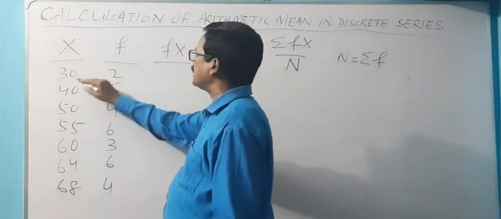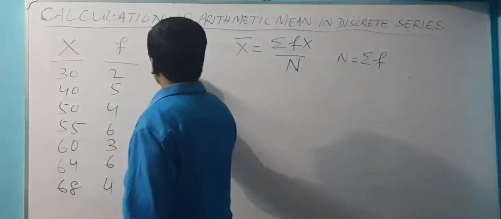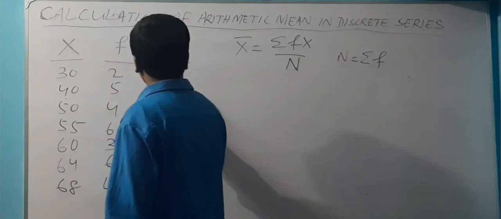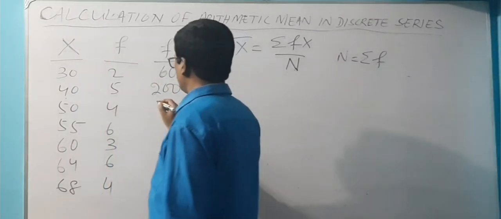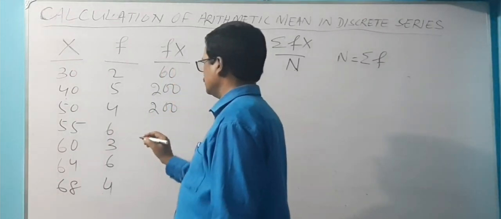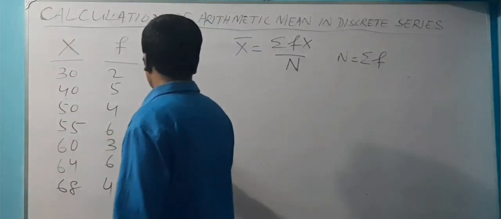In this row, 30 into 2, that is 60. 40 into 5, 200. 50 into 4, again 200. 55 into 6, how much?